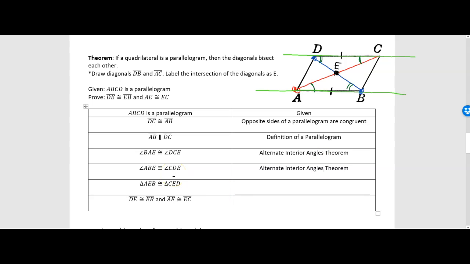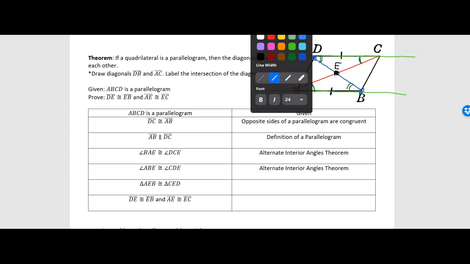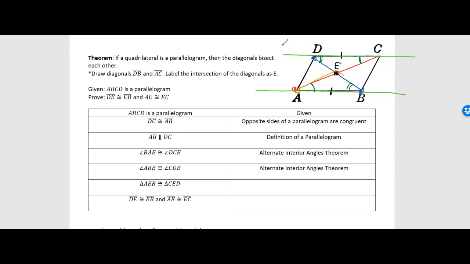Well, I do have enough to now show that triangle AEB, let's outline that in orange, is congruent to triangle CED. And that's going to, again, be by angle-side-angle congruence, ASA.